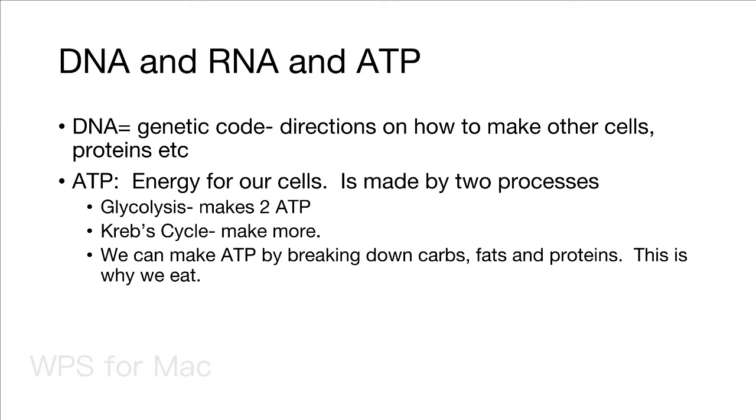That's glycolysis, if you recall from the previous lecture, which makes 2 ATP, and then the Krebs cycle makes more, about 32 to 36. We can make ATP for our body by breaking down carbs, fat, and proteins. This is why we eat. We eat to give our bodies energy. So I know a lot of this was in the previous lecture, but just in case it needed a little bit more explanation, you now have it in a more succinct form.